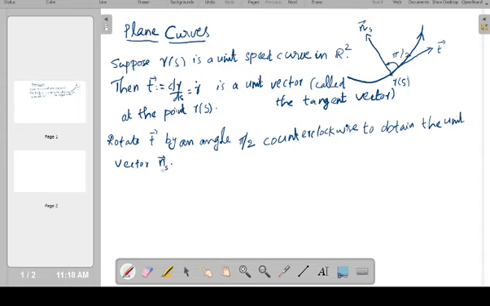Why is this a unit vector? Because T was a unit vector and I am just rotating it. After rotation, the magnitude will not change, only the direction changes.